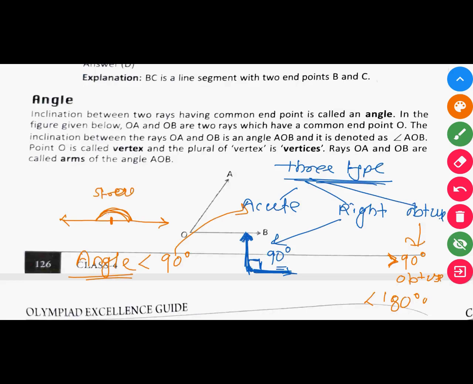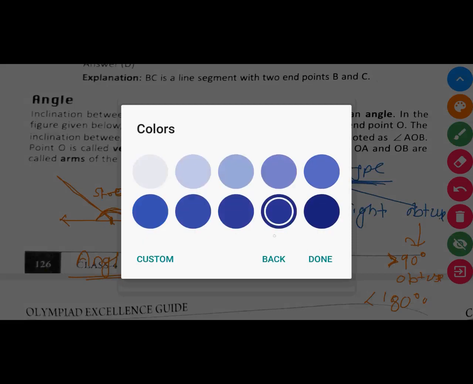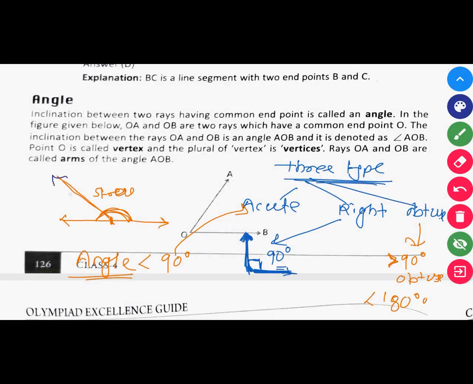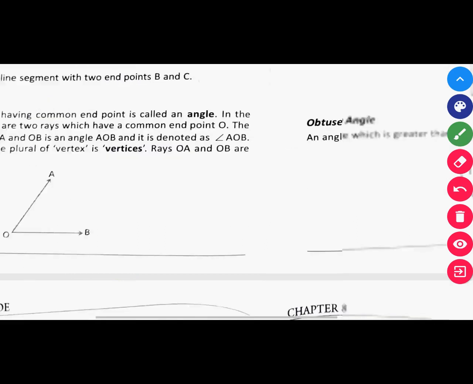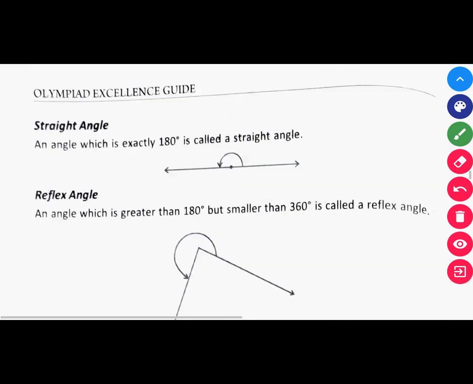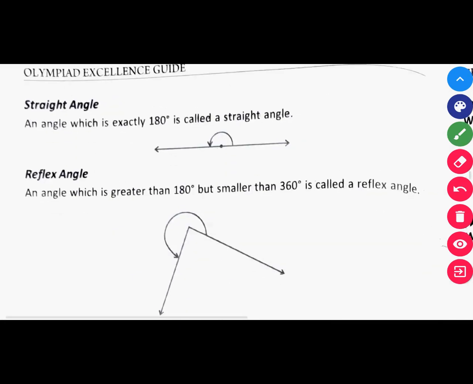Obtuse angle is always greater than 90 degrees but lesser than 180 degrees. And if any angle is greater than 180 degrees, then it is known as a reflex angle.